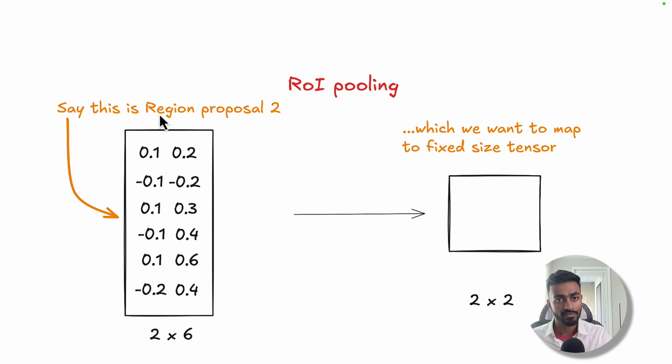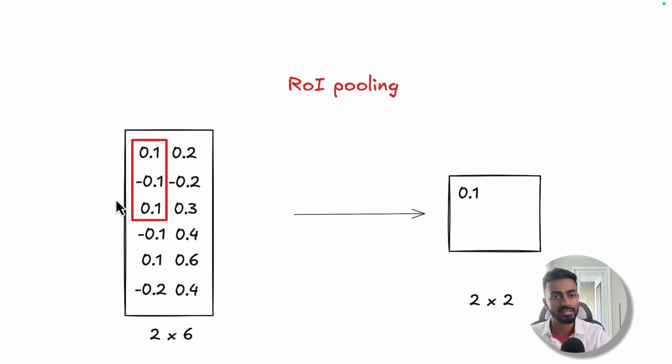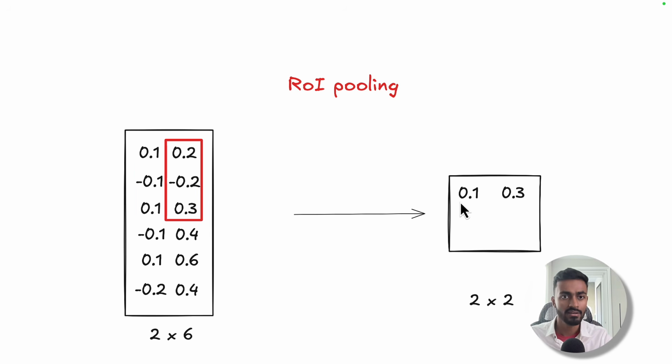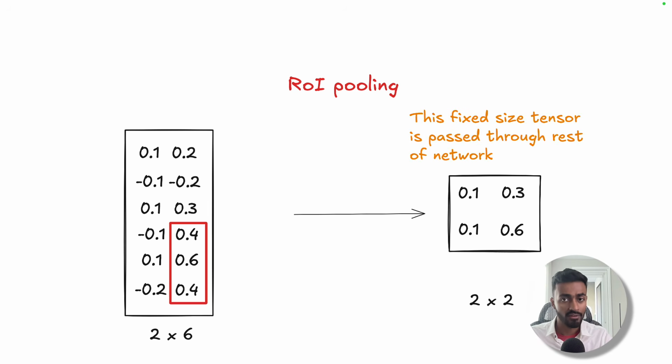And hence we need to bin this into 2x2 bins in some way. And so we could say that this would be bin 1, where we're going to take the maximum here, 0.1. Bin 2, it's 0.3. This is bin 3, and hence bin 4. And so this is now a fixed size tensor that is passed through the rest of the network.